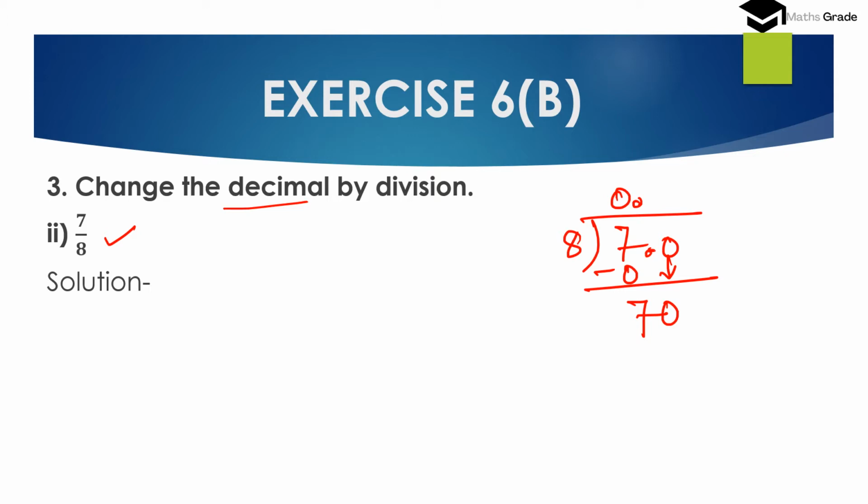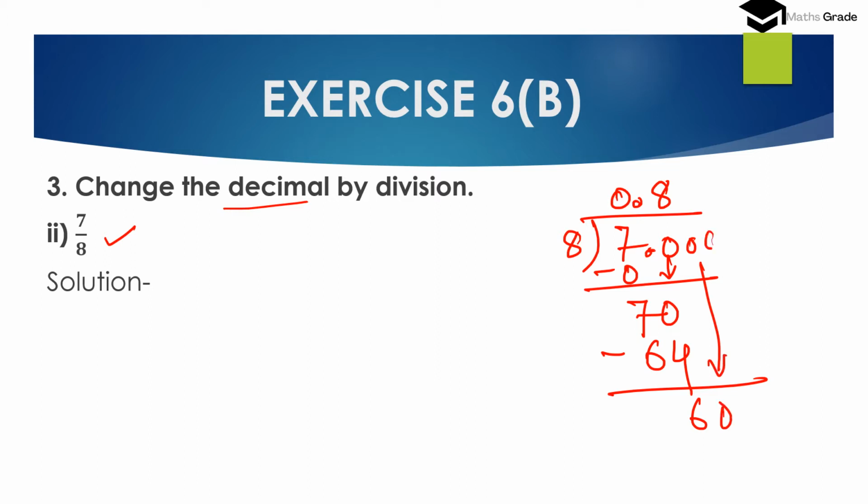Now in the table of 8, 8 9s are 72. 72 is bigger than 70, so we have to multiply 8 with 8. 8 8s are 64, which is less than 70. Now 70 minus 64 is 6. And here one more 0.